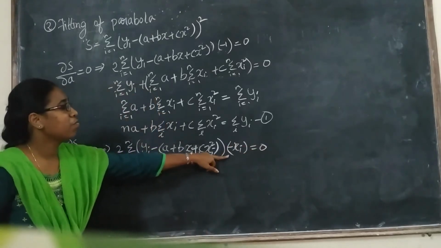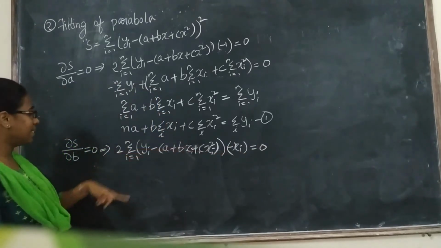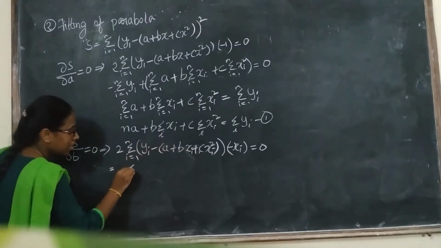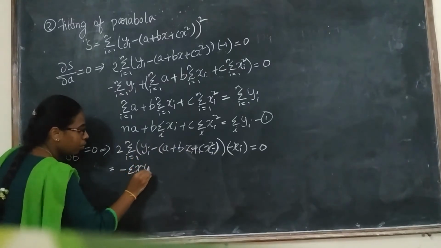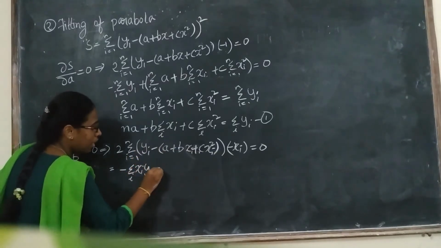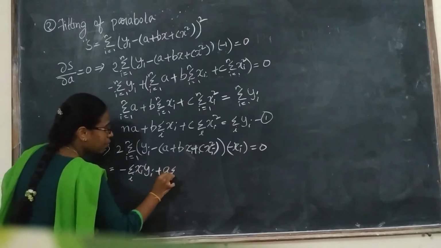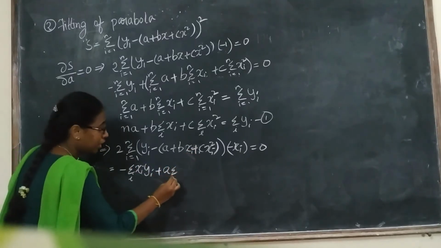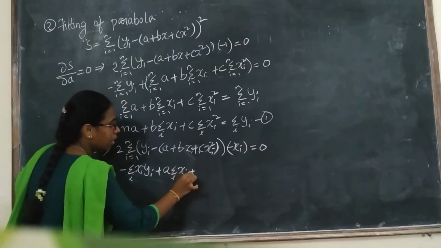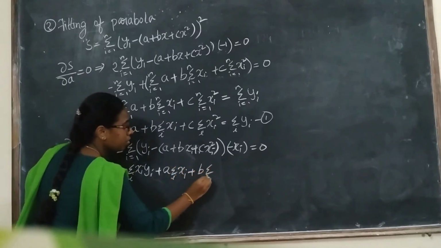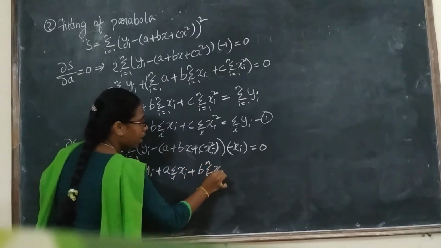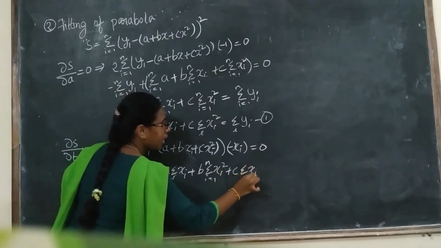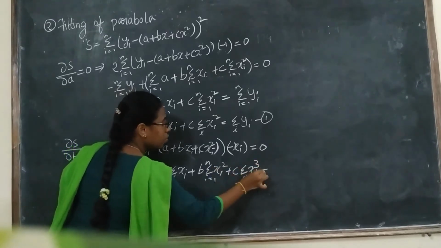Now multiply this minus summation xi inside and send 2 to that side. You will get minus summation xi yi plus a summation xi plus b summation xi square plus c summation xi cube equals to 0.